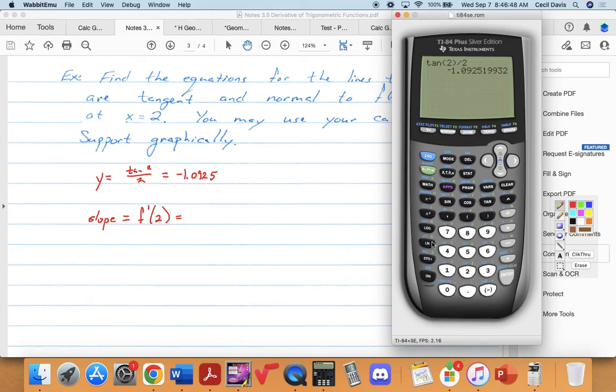If we go to Math 8, I want the derivative with respect to x of tangent of x over x, evaluated at, remember that's what this little vertical bar means, evaluated at x equals 2. And it's 3.433. I'm going to round that to 4 decimal places.